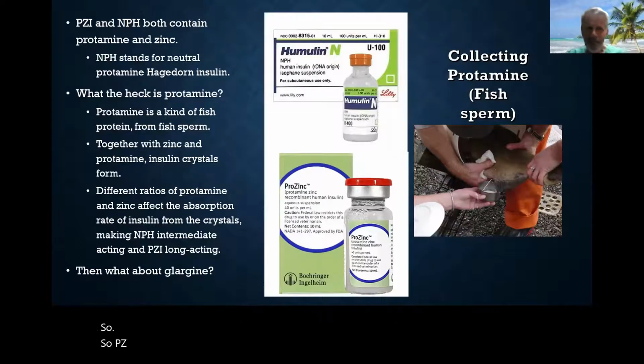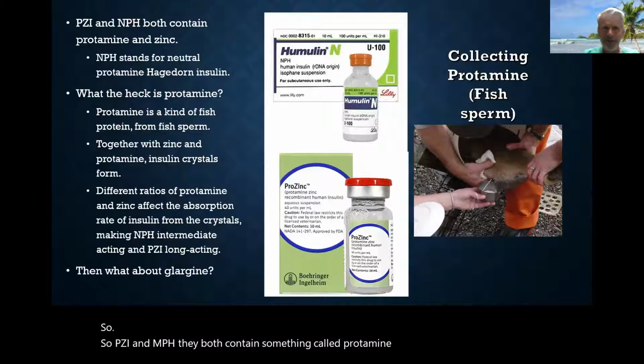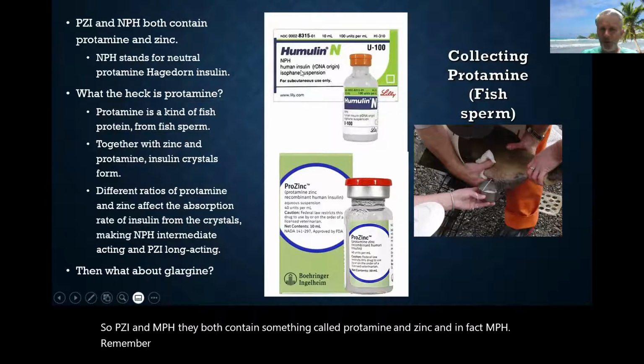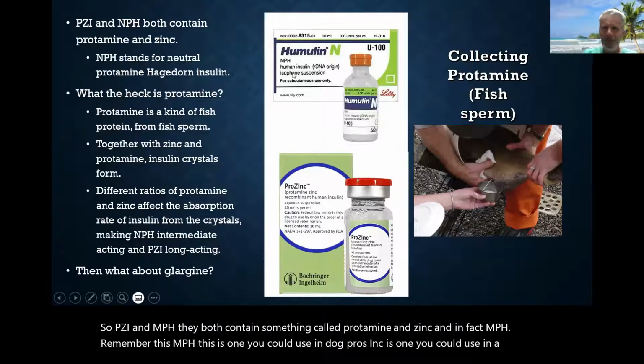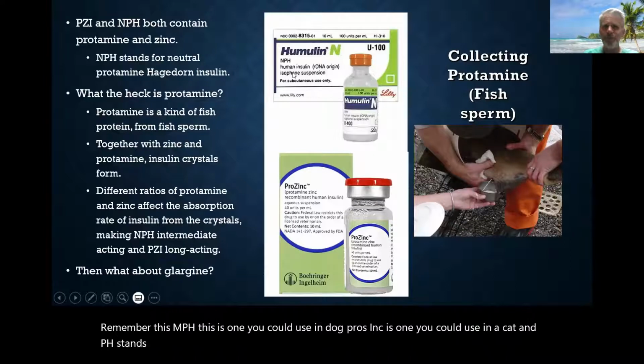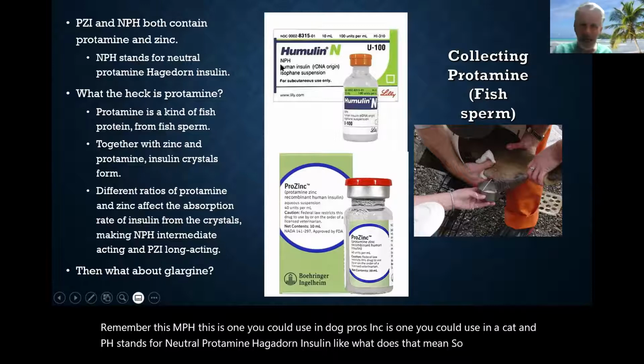So PZI and NPH, they both contain something called protamine and zinc. And in fact, NPH, remember, this is one you could use in a dog. Prozinc is one you could use in a cat. NPH stands for neutral protamine hagedorn insulin. What does that mean? So what is protamine? Why do both of these have protamine in them?